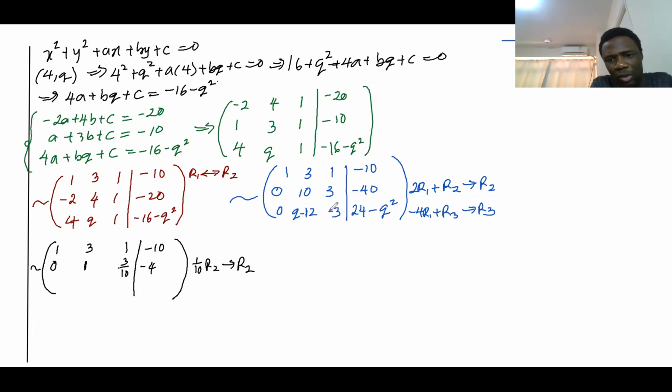So what is that? If you're using it with 2, what's the operation? You're using row 2 to do this. What operation is that? Yes, R2 plus R3, yes. So this is better. So this will be 0, and this is q minus 2, this is 0.